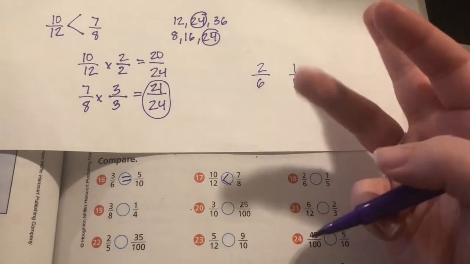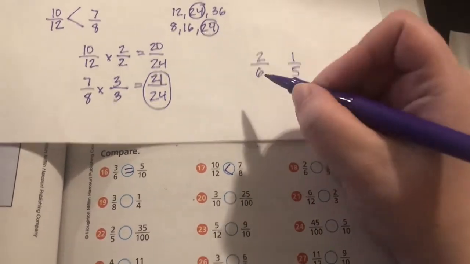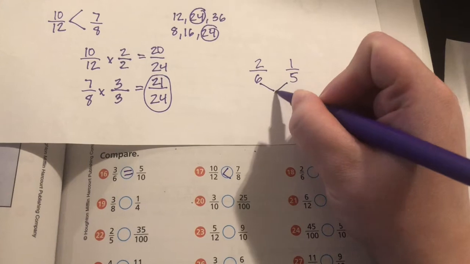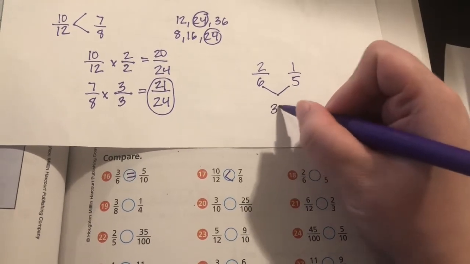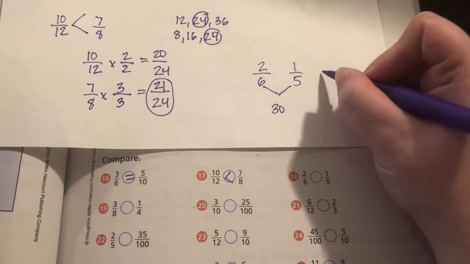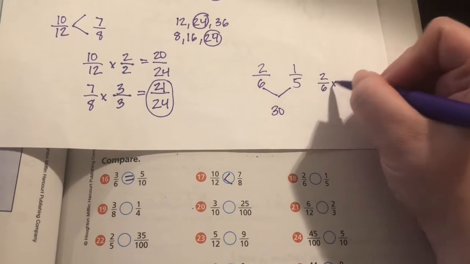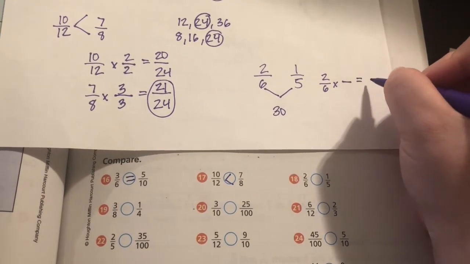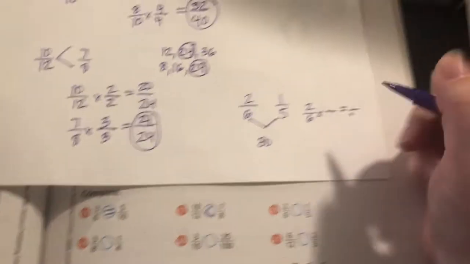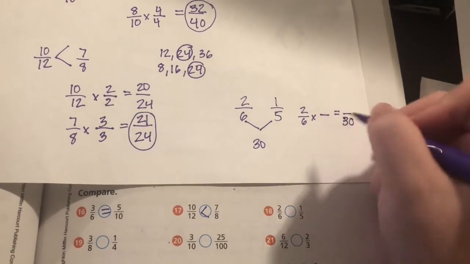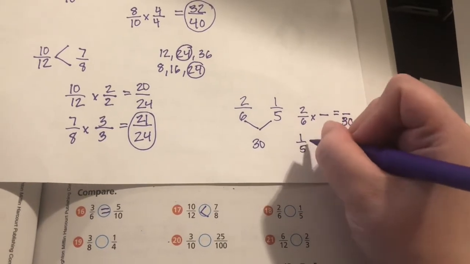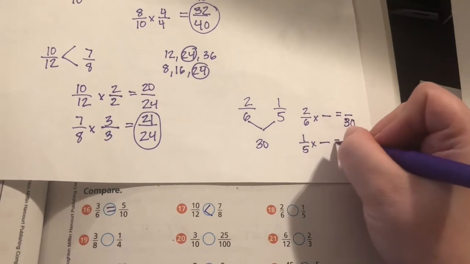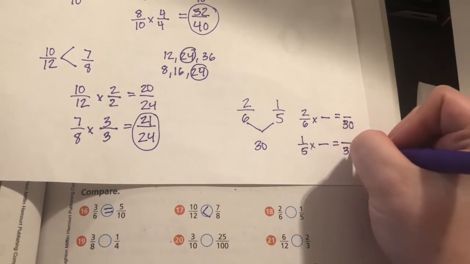Let's see, 6, 12, 18, 24. I think we should just multiply them together. Okay, and that would be 30. So 2/6 times something is going to give us something over 30. And 1/5 times a fraction of 1 is going to give us something over 30.